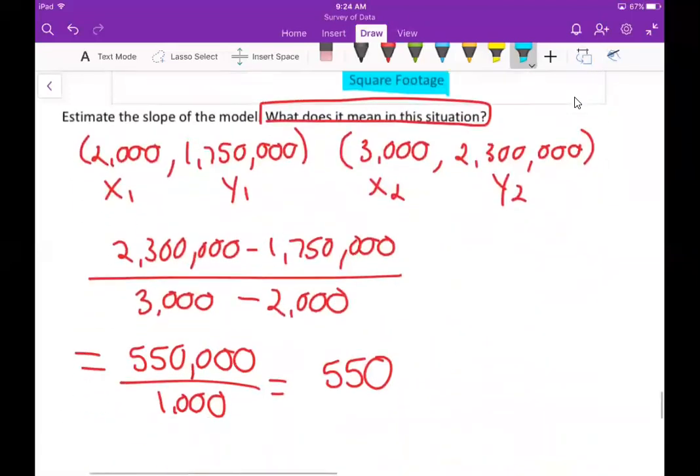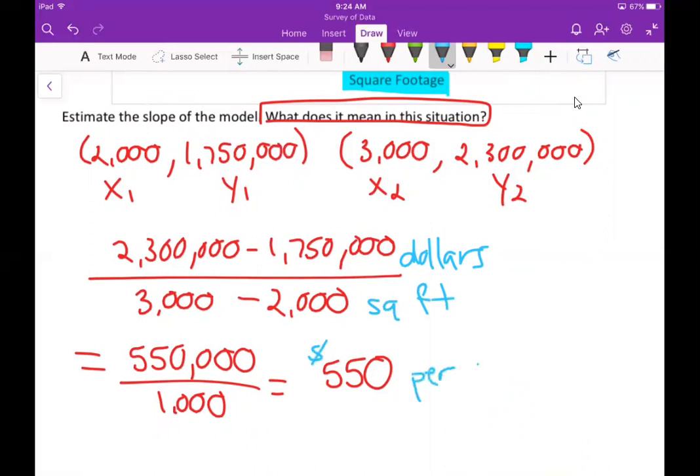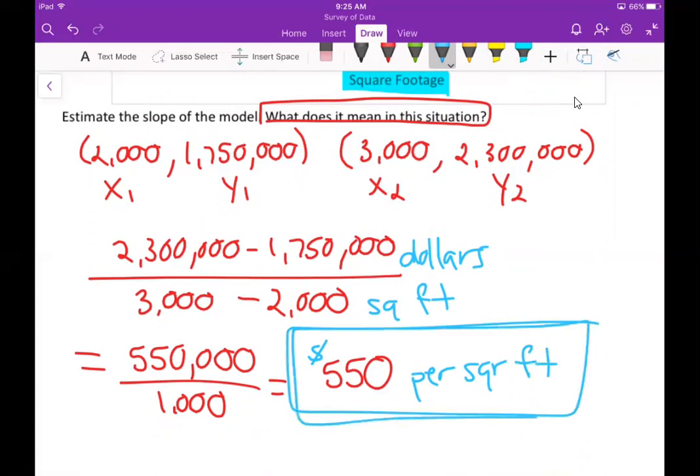So change in Y, my unit up here is dollars, my sale price, right? My unit down here is square feet. So this is a difference. It's going up by $550 per square foot. Okay, so we're finding that average rate of change in price, sale price of a home per square foot.